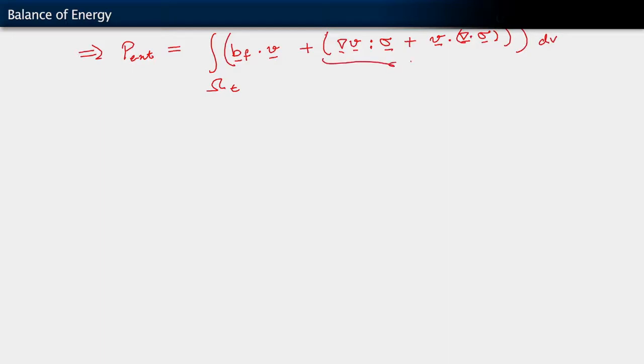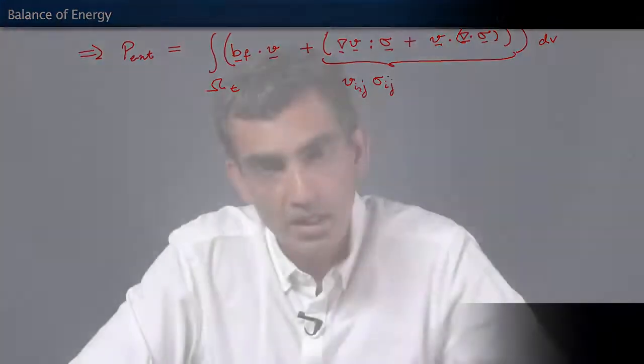This term in coordinate notation again is just Vi comma j, that is the spatial gradient of V, sigma ij, and observe that in this product both indices i and j are being contracted out. And if you think back to the way we defined the contraction of two second order tensors to give us a scalar, you'll see that this is exactly that operation.